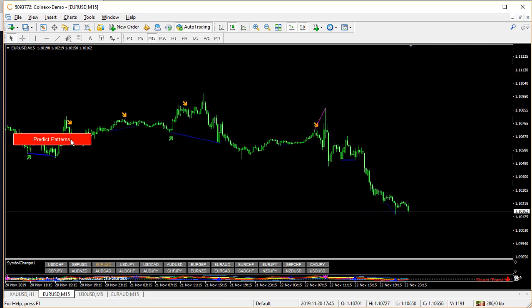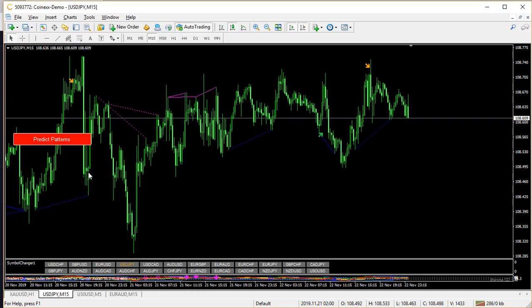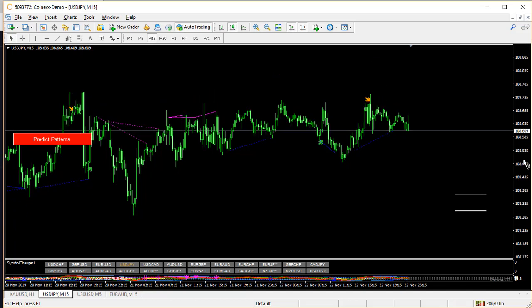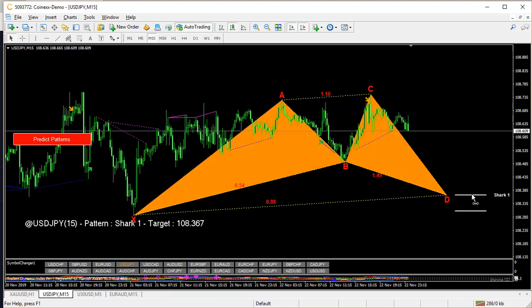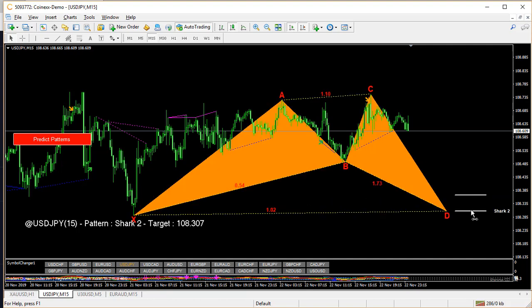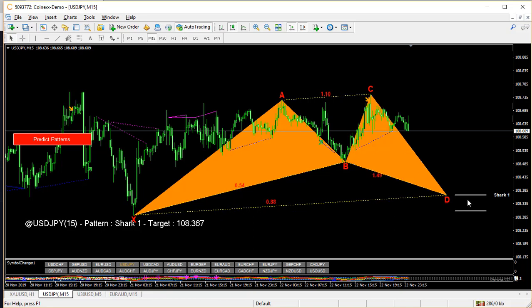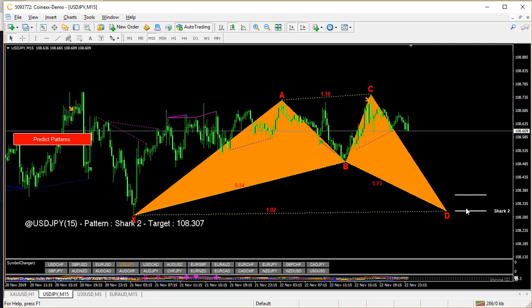No pattern on Euro USD. Then USDJPY. There are two potential patterns. Here's a Shark, then possibly a deeper Shark.